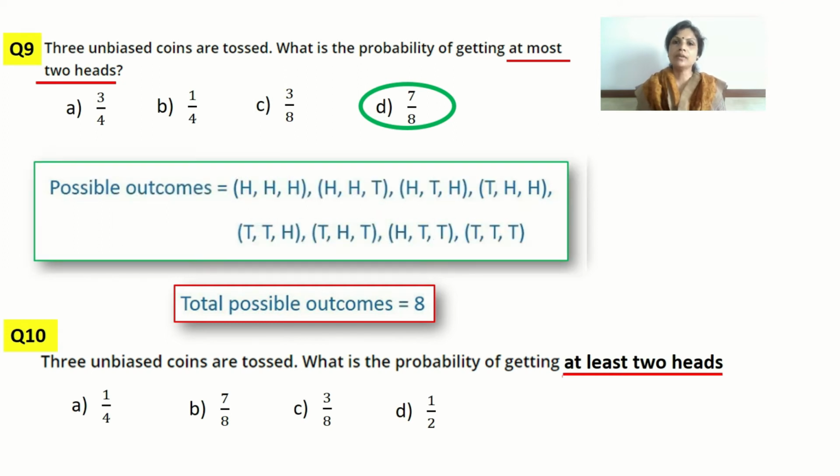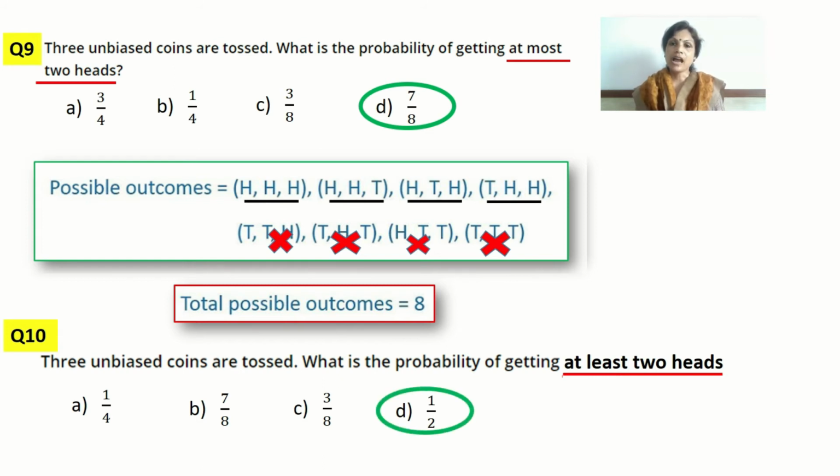At least 2 means the first combination is fine, second is also fine, third is also fine, fourth is also there, then fifth, sixth. 7 and 8 will not do. At least 2 means it has to be either 2 or more than 2, but not less than that. So we have got 4 such outcomes. So the probability is 4 upon 8, and 4 upon 8 is 1 by 2. So option D is the correct option.